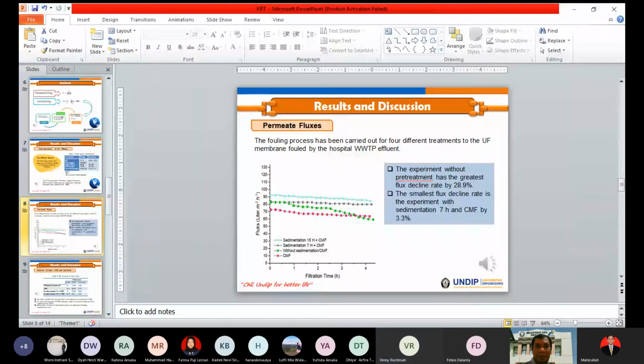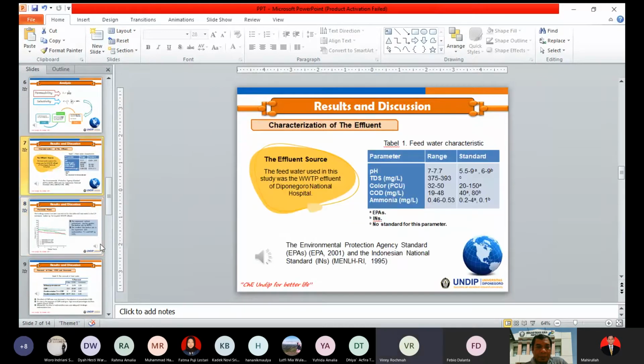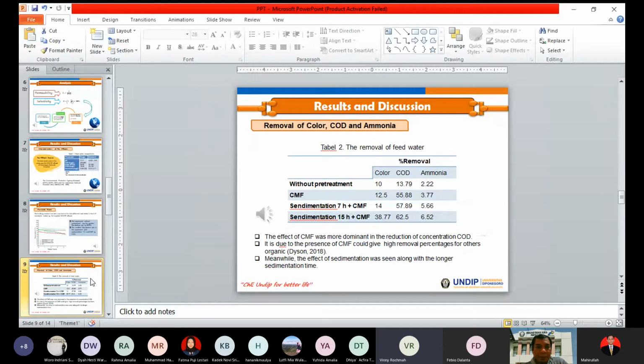Could you please show us table number 2? The next one, table 2. Yeah, this one. Fabio, can you see the table? Yes, yes, I can see, sir.